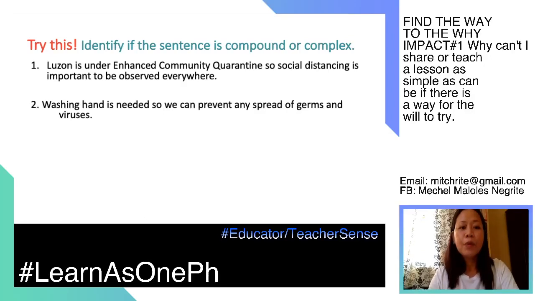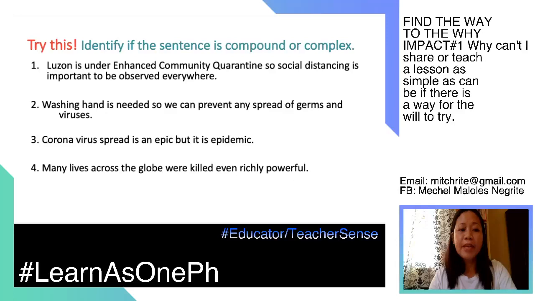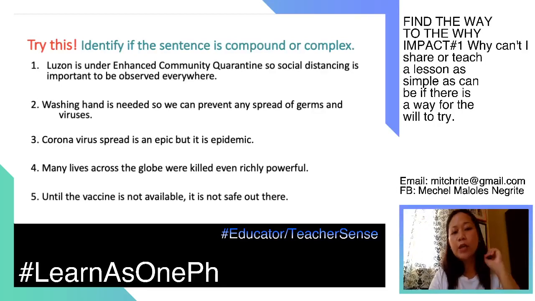Number 2, washing hand is needed so we can prevent any spread of germs and viruses. Number 3, coronavirus spread is an epic but it is epidemic. Number 4, many lives across the globe were killed, even richly powerful. Number 5, until the vaccine is not available, it is not safe out there. Okay, you can have your time. You can have more time.